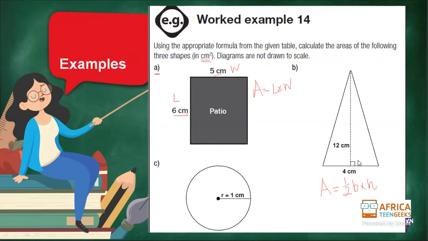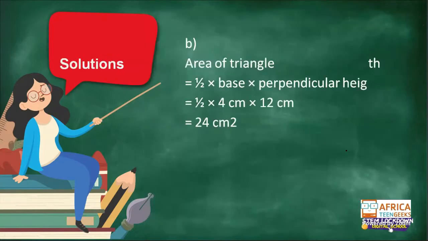Now let's see how well you did. First of all, you need to first identify the base and the height. So in this case, this is the base, and the height is 12. So what you do, first write the formula. Obviously, you don't need to write everything as I've done.